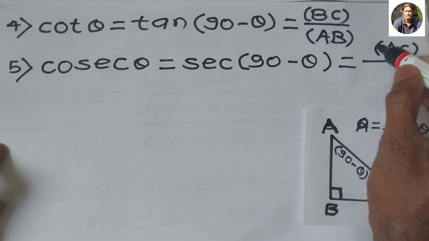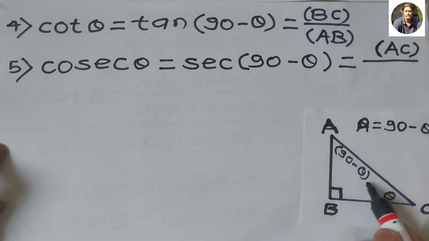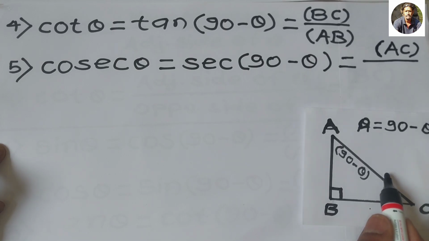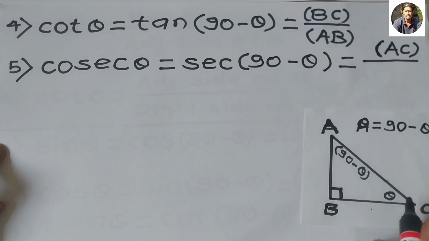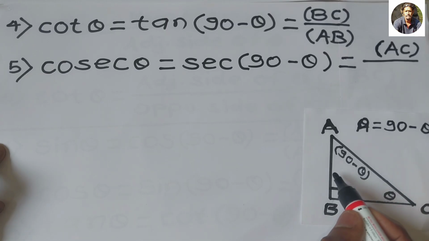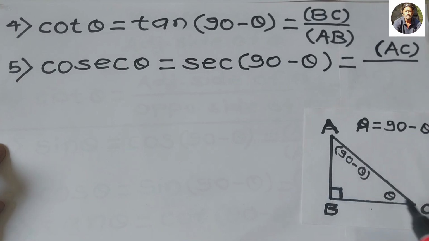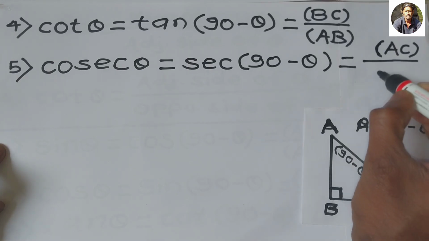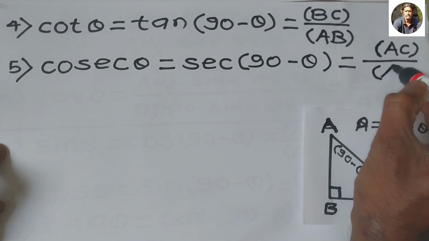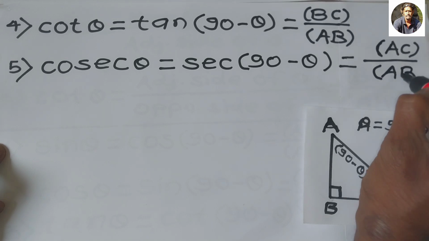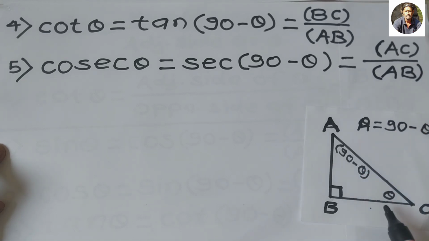Hypotenuse, that is the side opposite the 90 degree angle, that is AC here, and the opposite side of theta is AB.